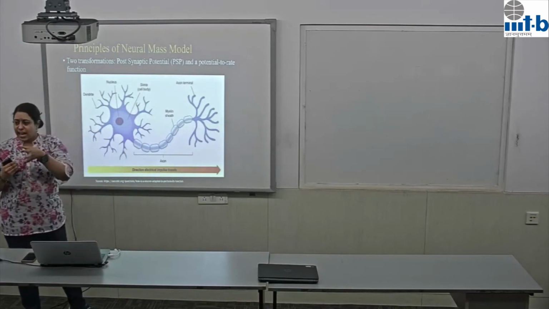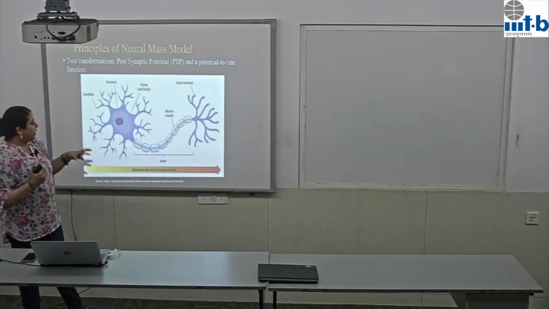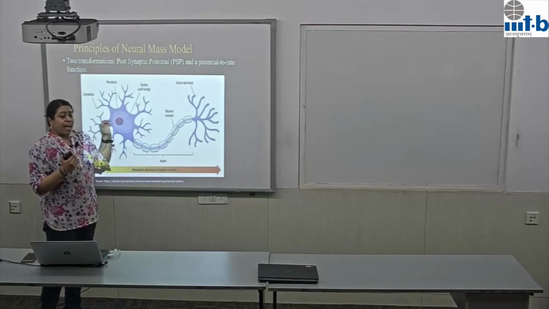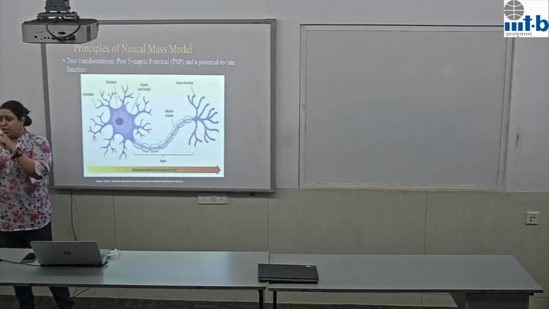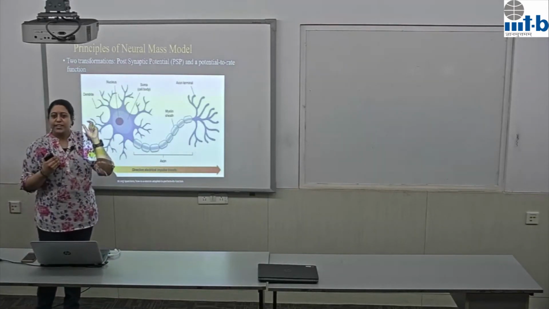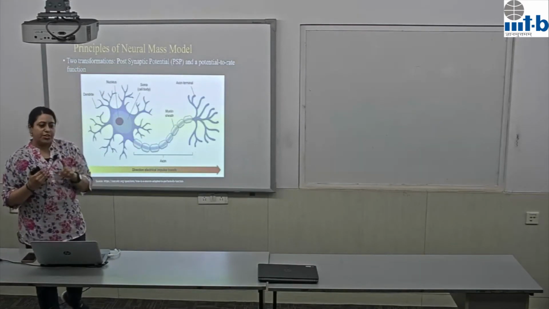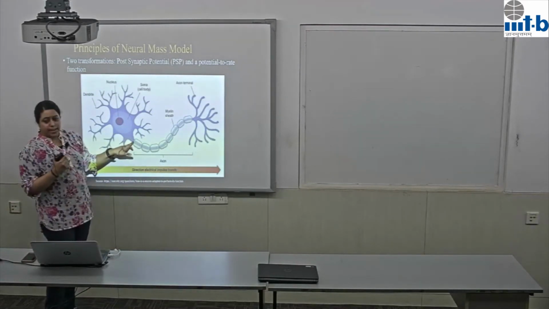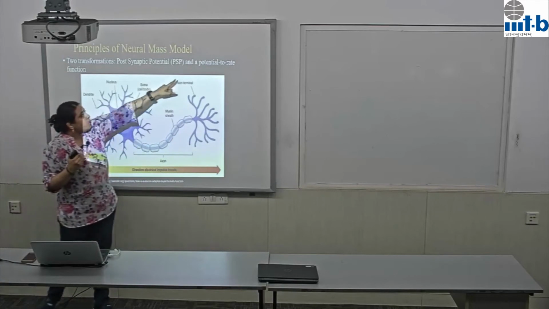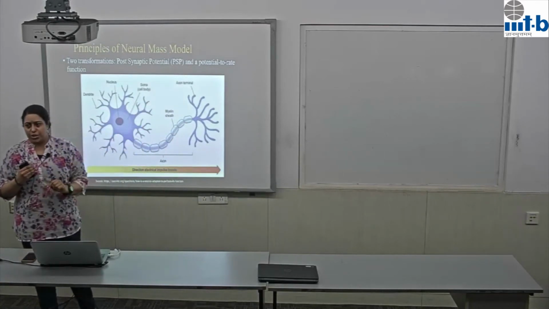These excitatory and inhibitory PSPs sum up, and if that value exceeds a certain limit, then an action potential is generated at the hillock over here. That is where the potential to rate transformation occurs.